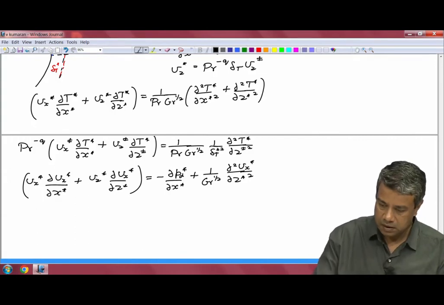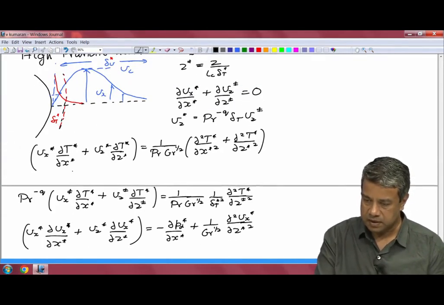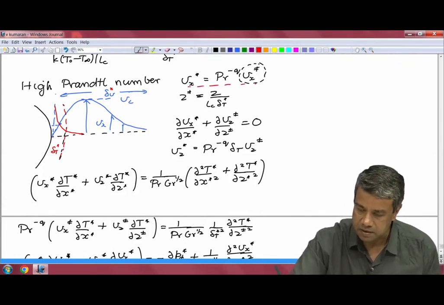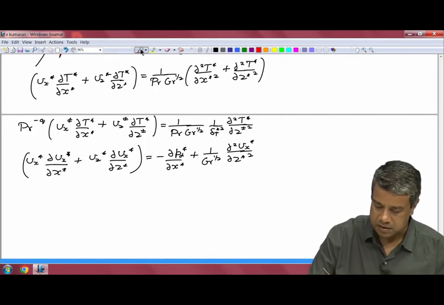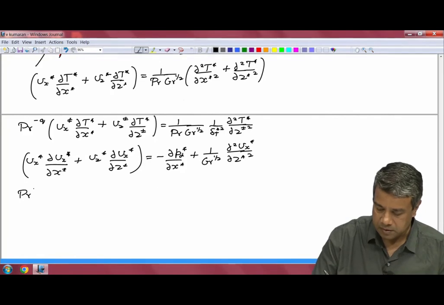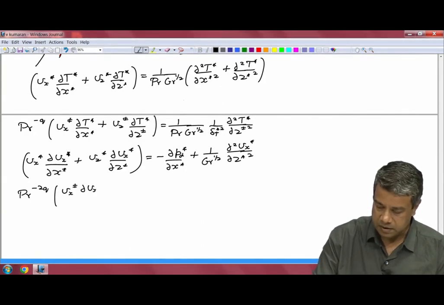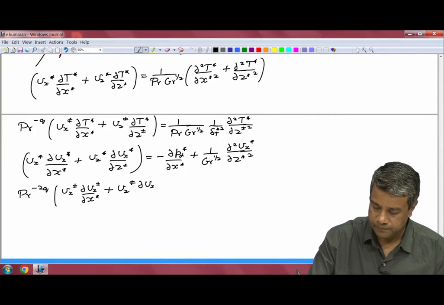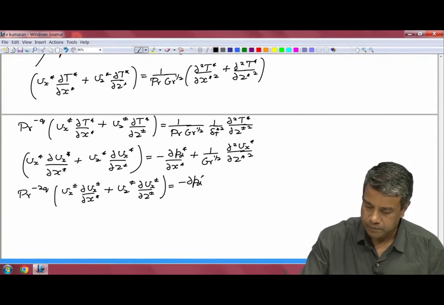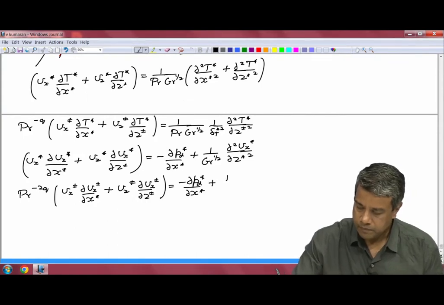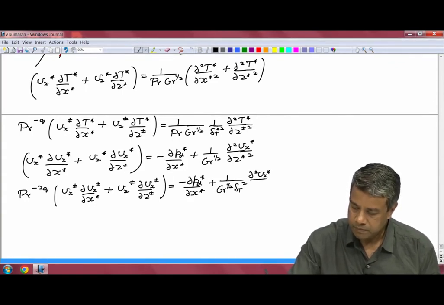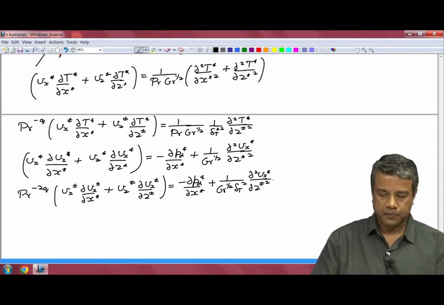And substituting for Vx star once again using this expression, you can see that you will get the Prandtl number to the minus 2q into Vx double dagger partial Vx double dagger by partial x plus Vz. So, those are the two equations.